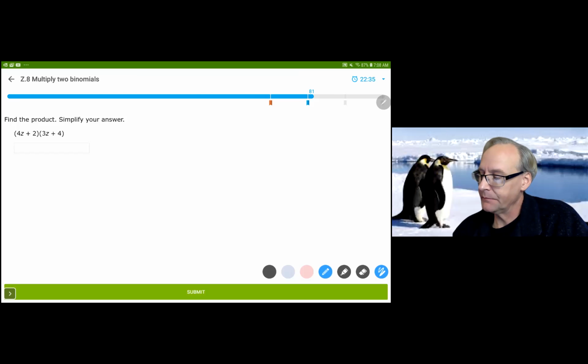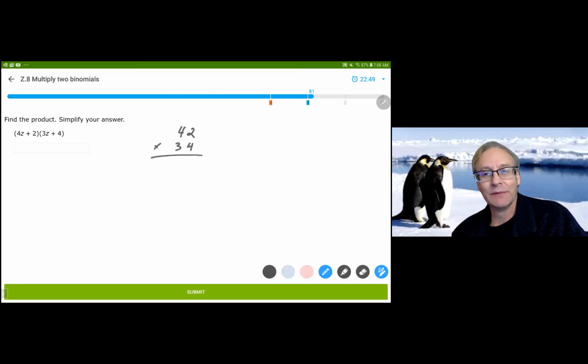Okay, we'll stack them. I'm going to go ahead and see if I can make this clearer. I'm sorry I didn't do a very good job of it before. 42 times 34. This is the old, I keep wanting to call it acronym, but it's the algorithm that you go through. 4 times 2 is 8.